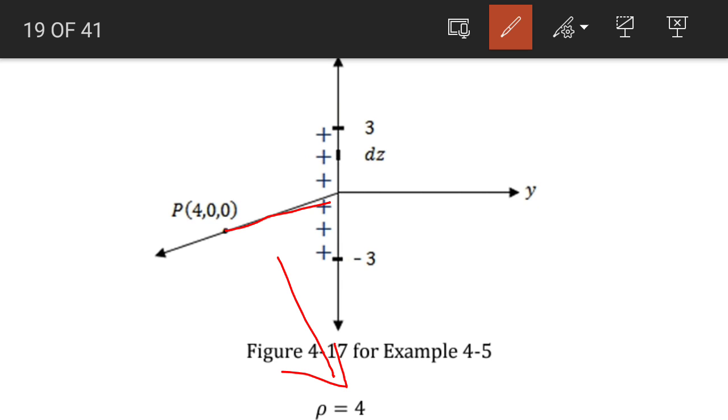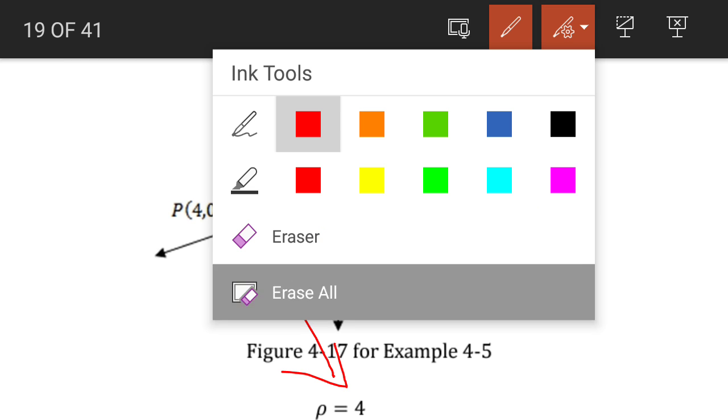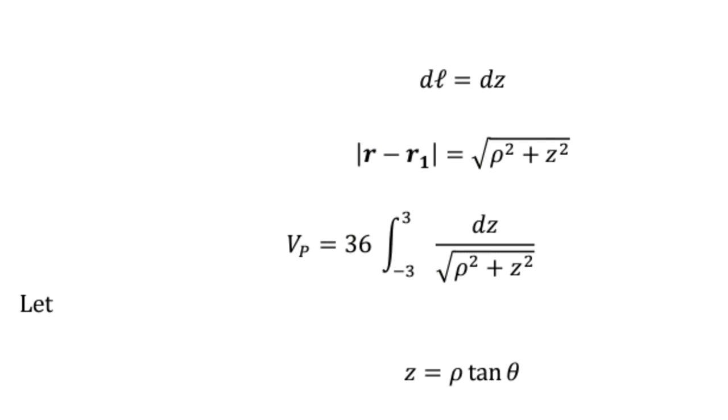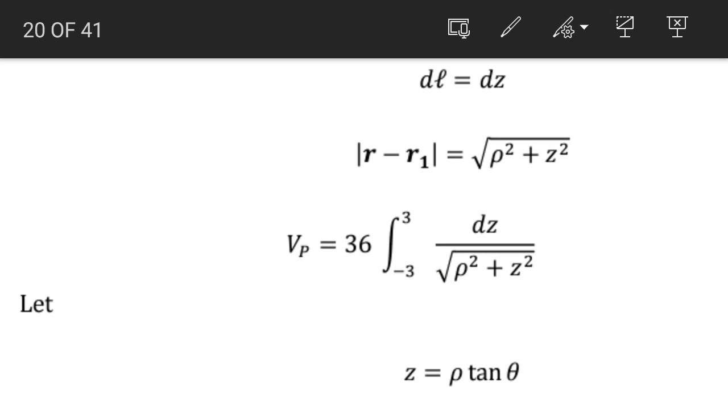So if this is rho, and the magnitude of r1 is z, then dl, which is the length of the small portion of the source, will be equal to dz.